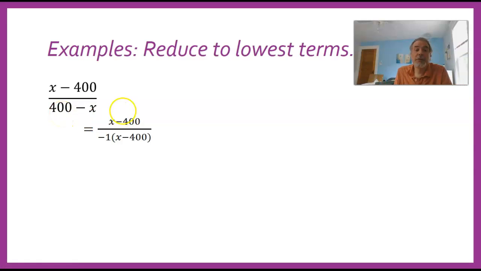And now we do have a common factor, the x minus 400, that we can cancel out. And what's left is just a 1 over a -1, or -1. So you can cancel when you have two factors that are the same except that the subtraction's in the opposite order, but when you do, you're left with a factor of -1. Useful to keep in mind.